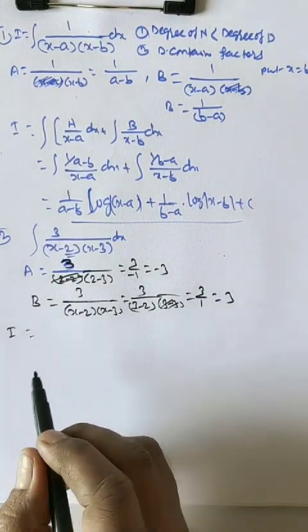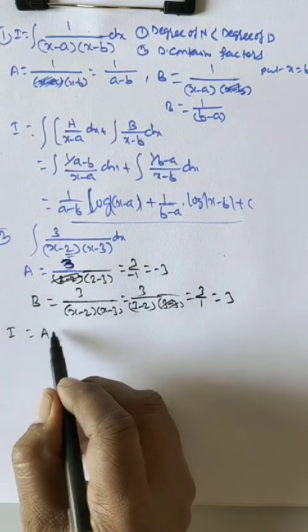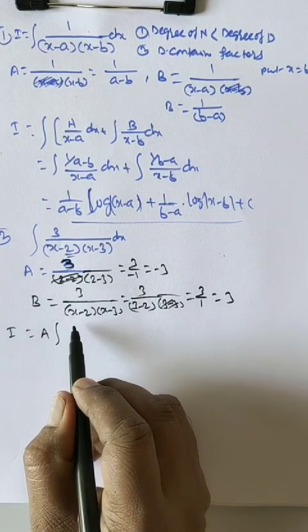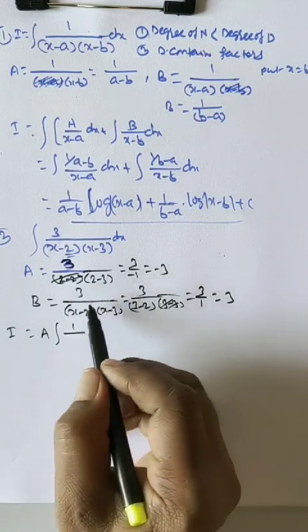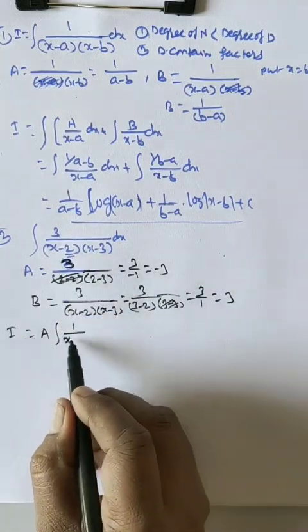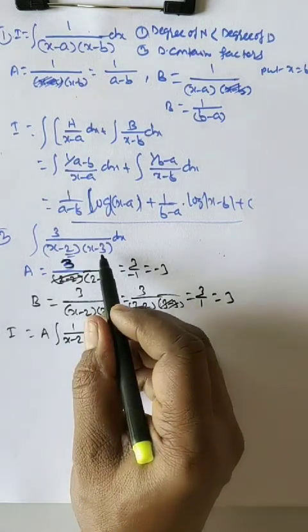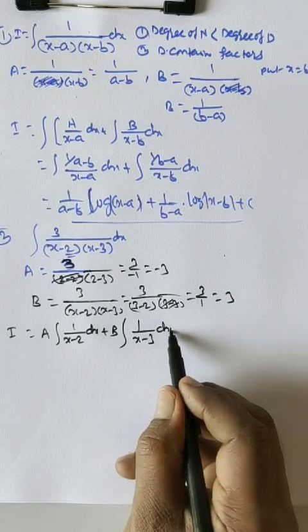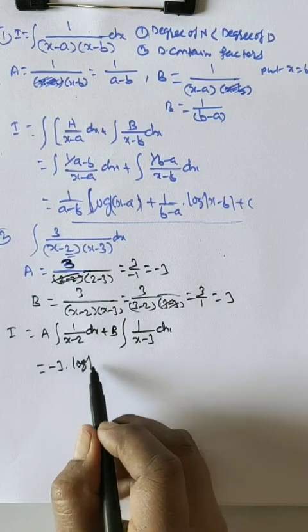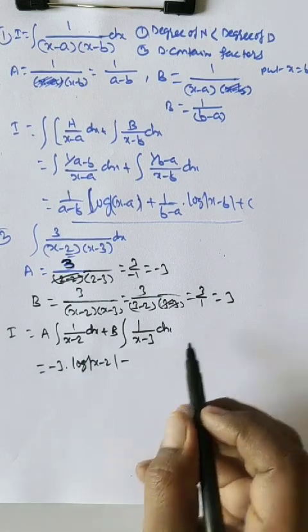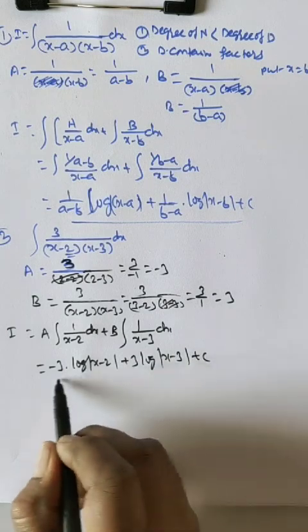Therefore the answer is a into integration of 1 upon the first factor x minus 2, plus b into integration of 1 upon the second factor x minus 3 dx, which equals minus 3 log of x minus 2 plus 3 log of x minus 3 plus c. This is the answer.